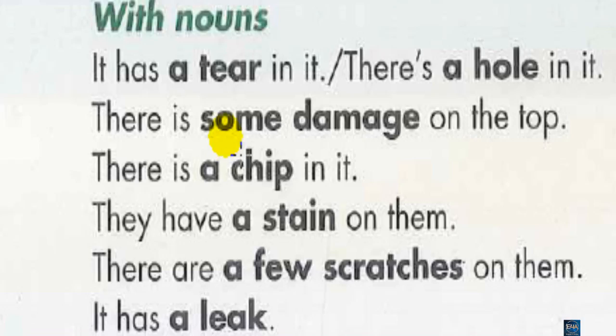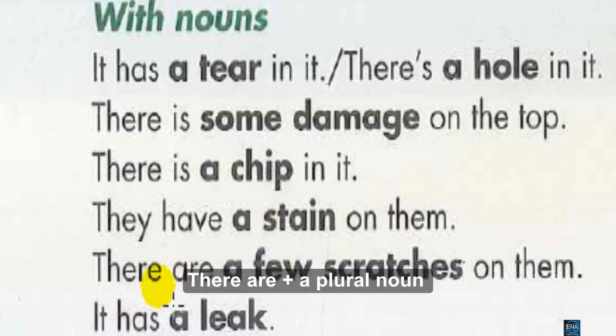A leak. But if we talk about plural, 2, 3, 4, they have a stain. They have a stain on them. Of course, my pants, trousers, pants, plural in English. There are a few scratches in them.